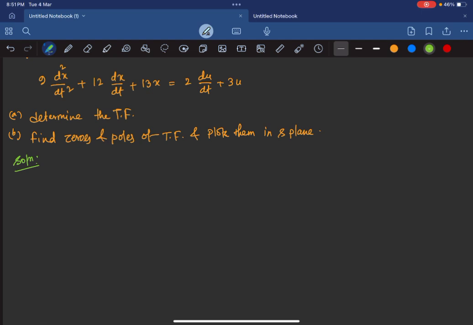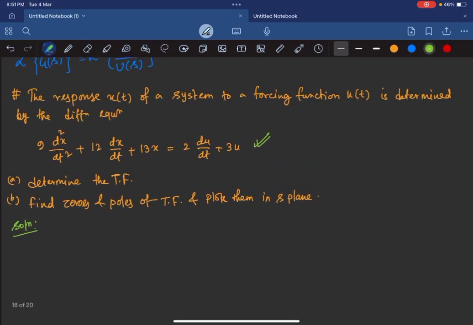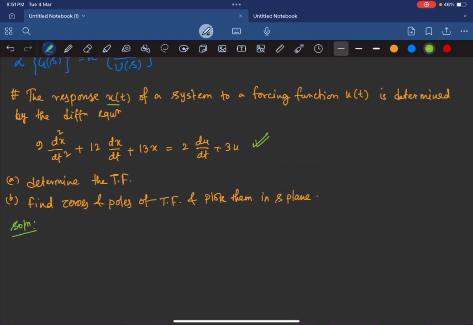See, first, this is given as a linear invariant system. In the question itself it is mentioned that the response you are getting is x(t), and for the forcing function u(t). This is the linear invariant system. So for a linear invariant system, the first observation should be whether this equation is linear or not.